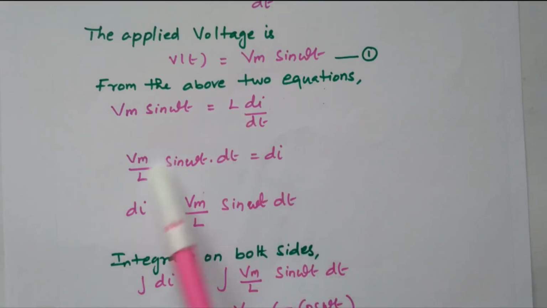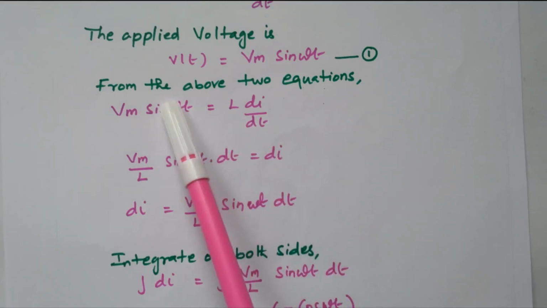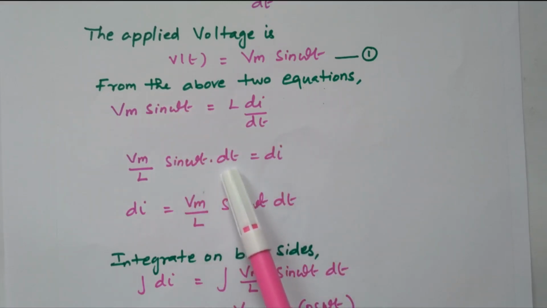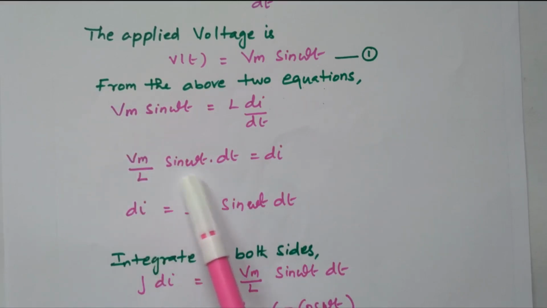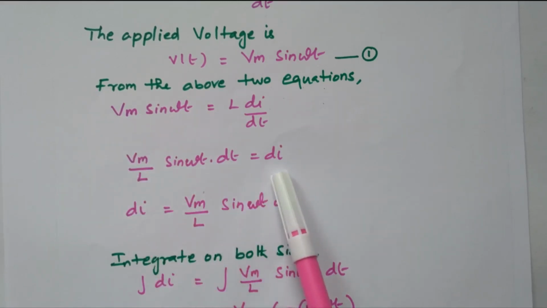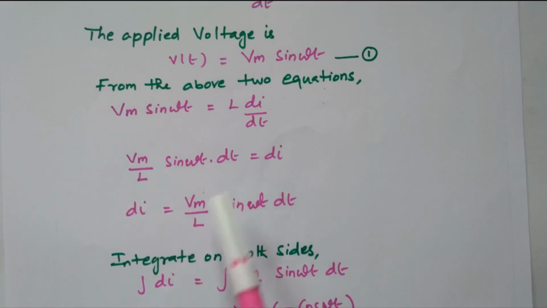Now bring this L to the denominator on the left hand side, so Vm by L sin omega t, and bring this dt also to the numerator on the left hand side. So Vm by L sin omega t into dt equal to di. We'll rewrite this as di equal to Vm by L sin omega t into dt.